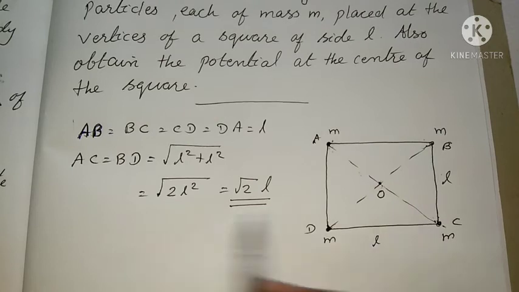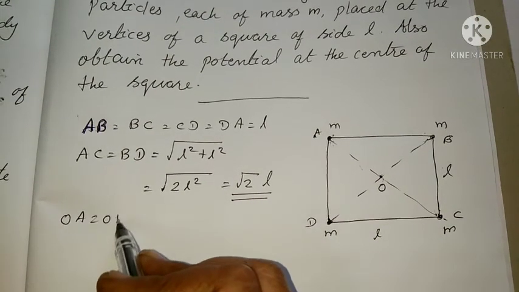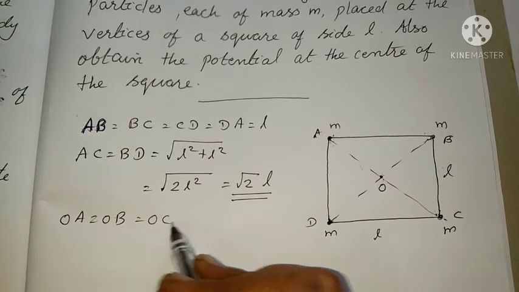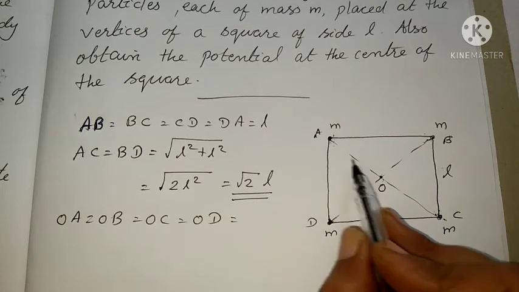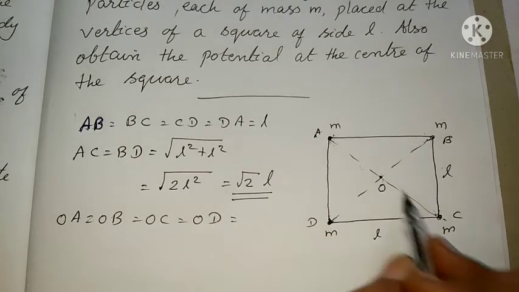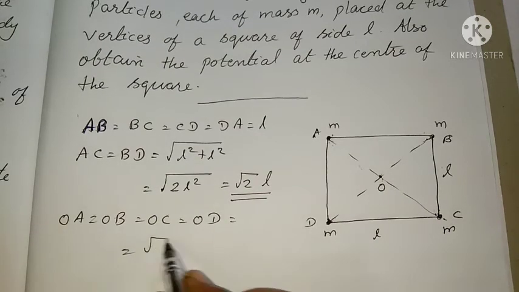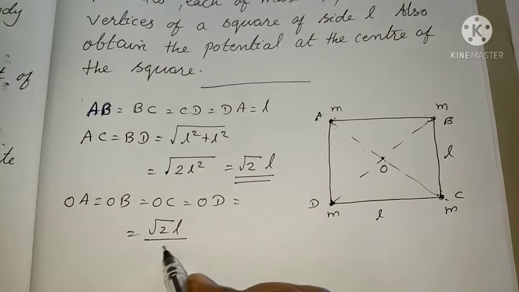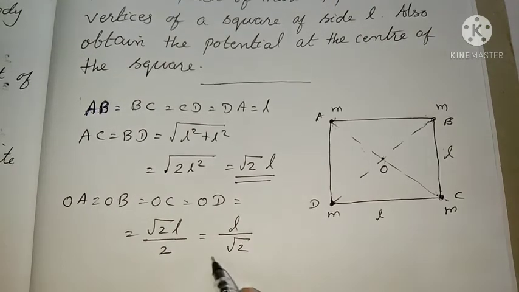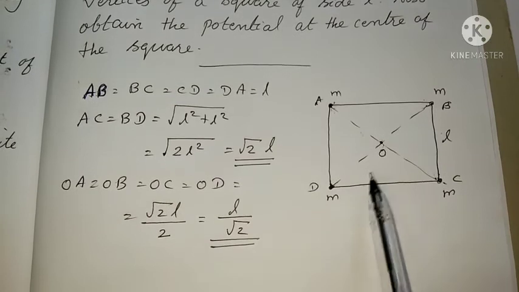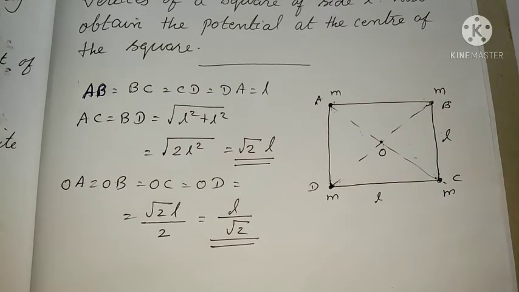All these distances are also equal. Then we can write OA equal to OB equal to OC equal to OD, that is equal to half of this distance. What is this distance? Root 2 L. So root 2 L divided by 2, that is equal to L by root 2. So we get these distances: AC, BD, OA, OB, OC and OD.